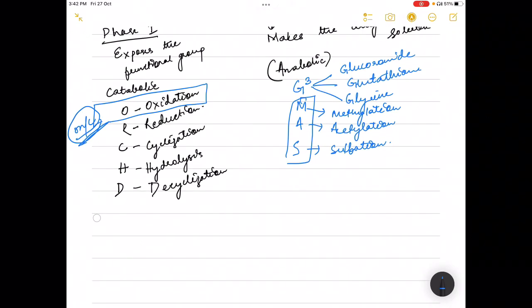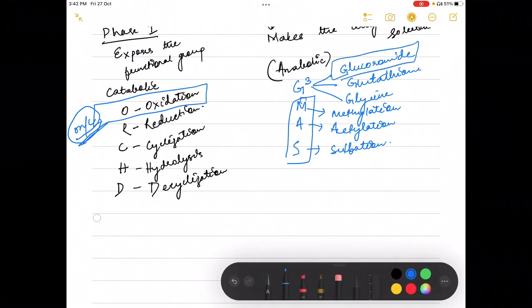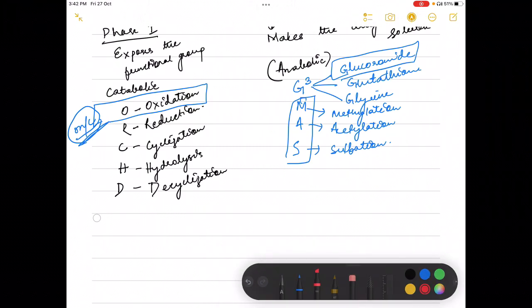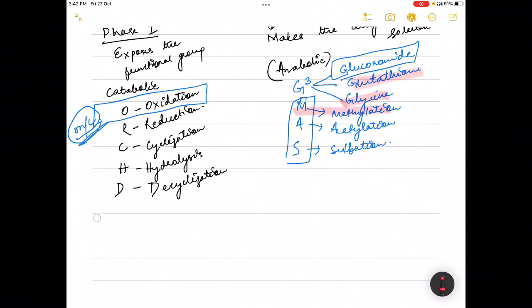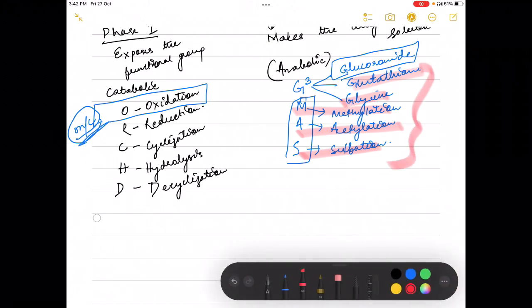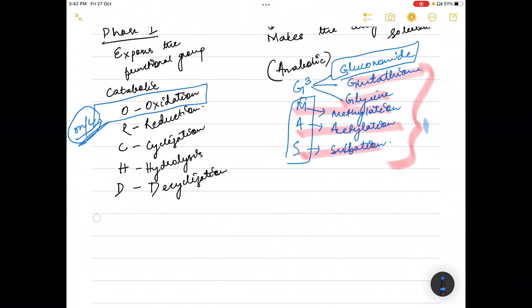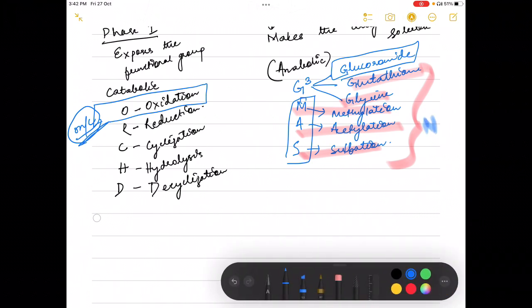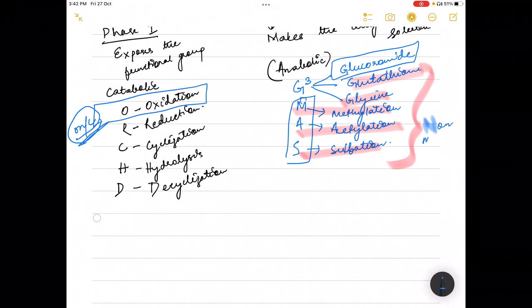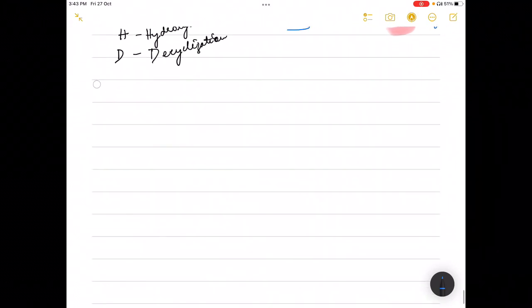Except for glucuronide conjugation, all the other phase 2 reactions, that is glutathione, glycine, methylation, acetylation, and sulfation, are by means of non-microsomal enzymes.